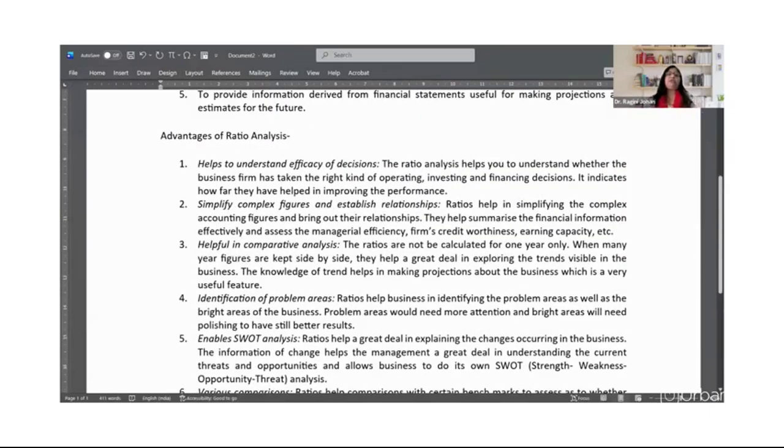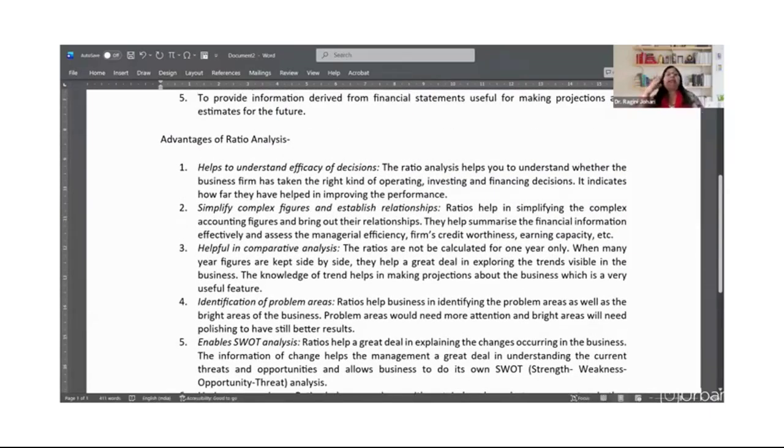So the advantages of ratio analysis. The first advantage is that it helps to understand the efficacy of decisions. Based on these ratios, the company is able to understand whether it is going in the right direction of operations or not.